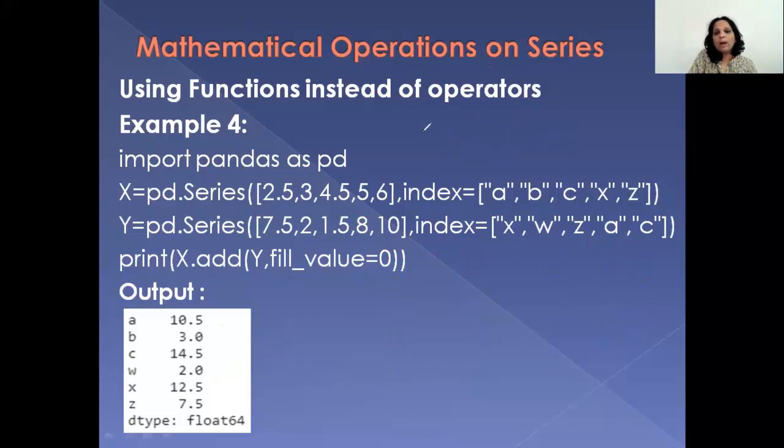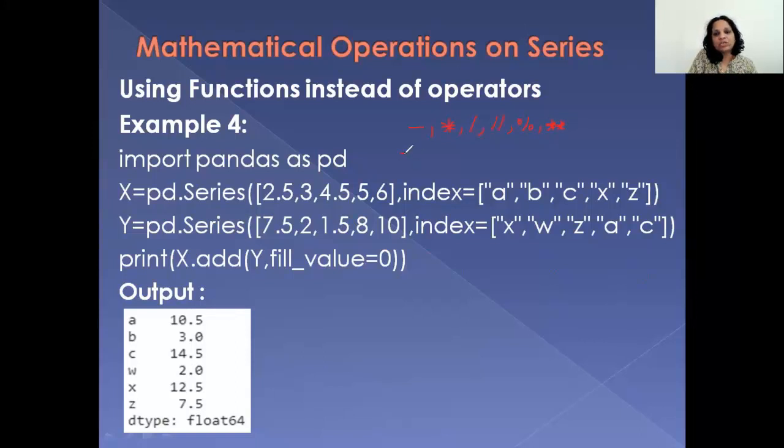What about subtraction? What about multiplication? What about division? What about floor division? What about modulus? And what about, let's say, exponent? You can use any of these operators as well.